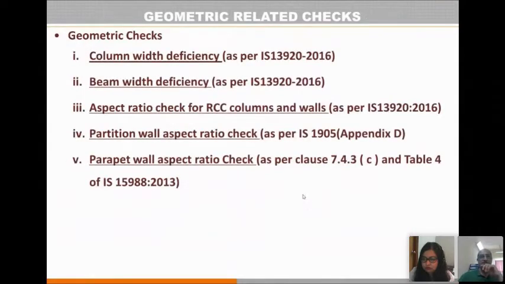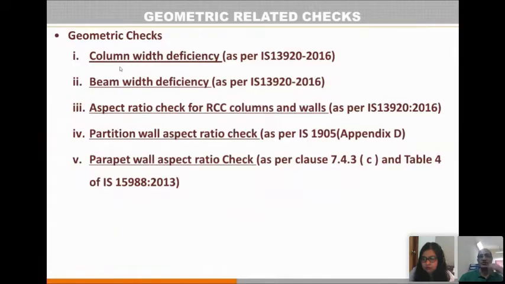When you carry out these checks, they should be cross-checked by your manual calculations, and then you have to carry out the checks for the column width. Whatever the provisions given in IS 13920 about the sizing of column, beam, and ductile detailing, if it is possible to verify at the site, that is fantastic.